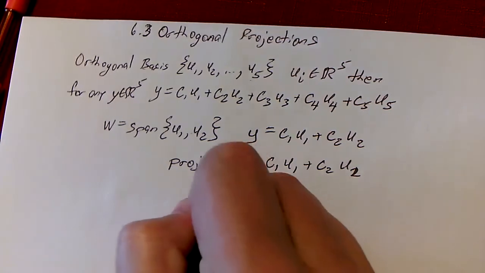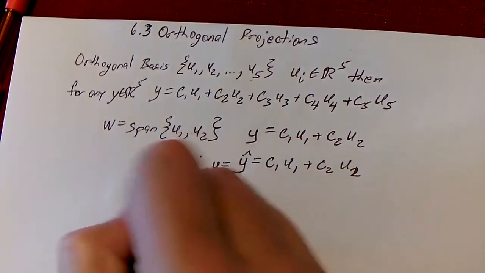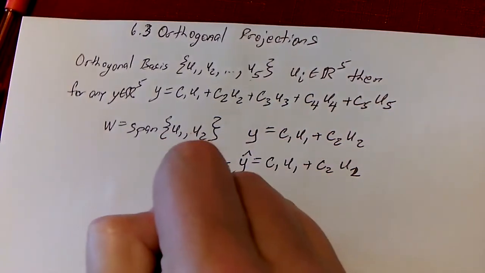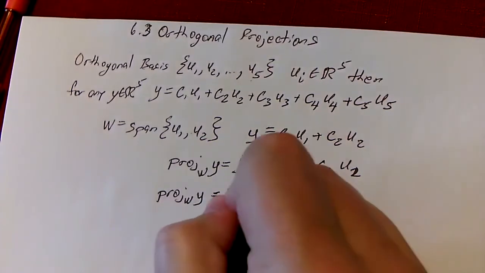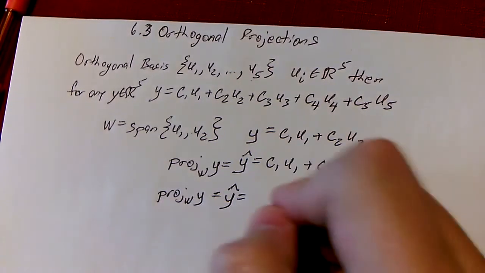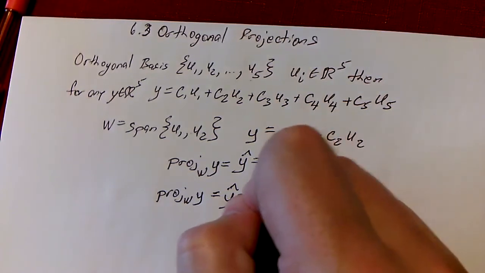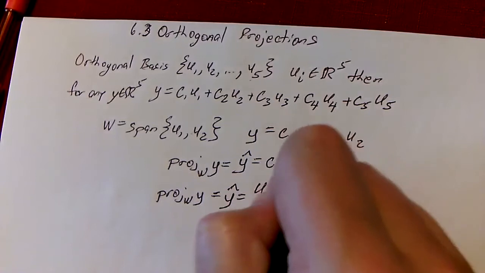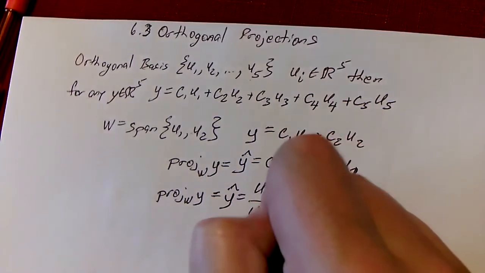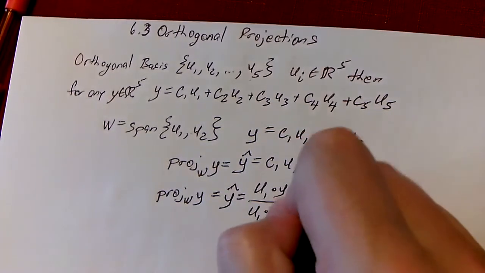So what we should notice here is I can take my y hat, and c1 and c2 is exactly what we did for the projection. We're going to take u1 dot y and divide that by u1 dot u1, and then multiply it by u1.